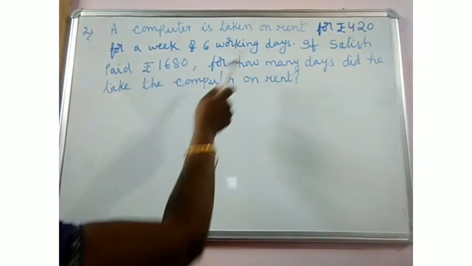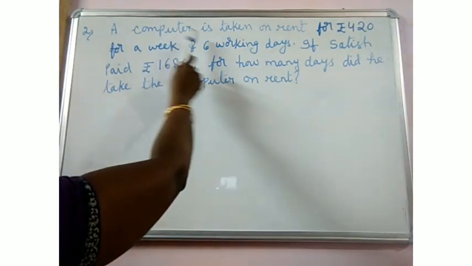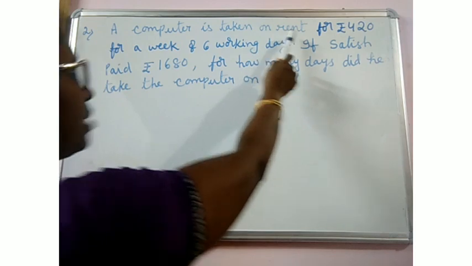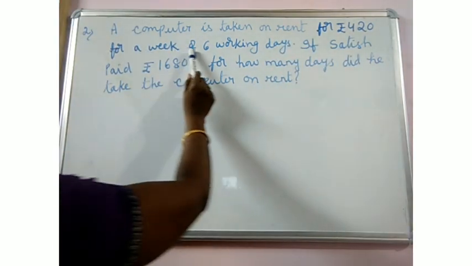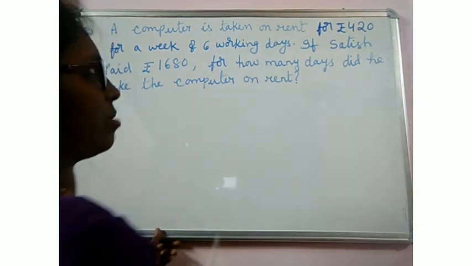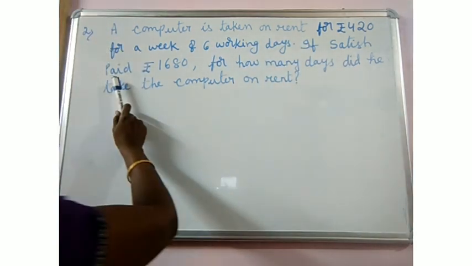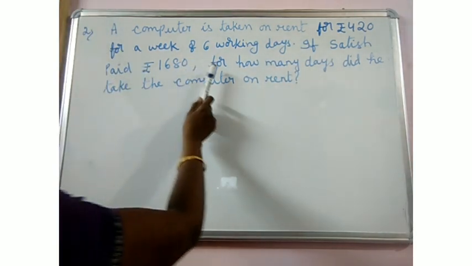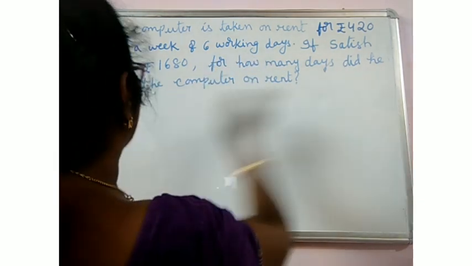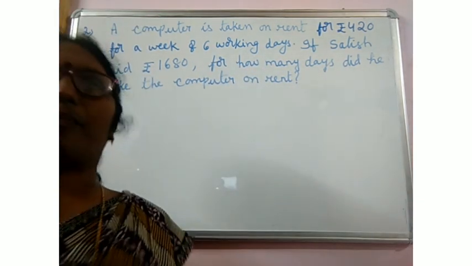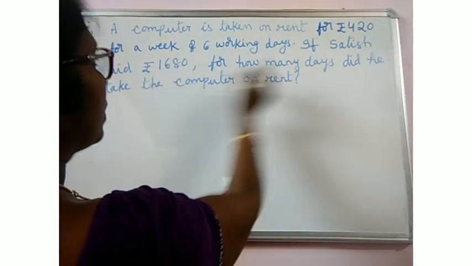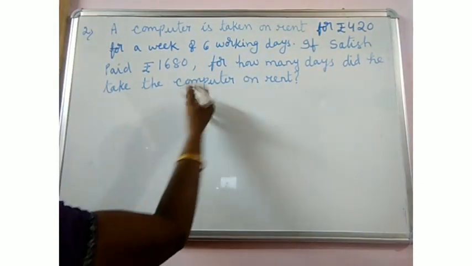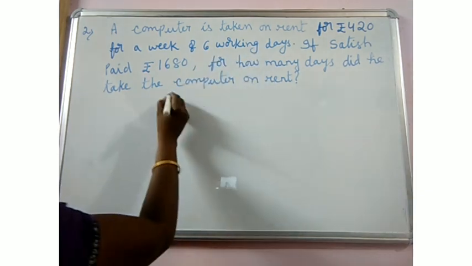Your second question is, a computer is taken on rent for 420 rupees for a week of 6 working days. If Satish paid 1680 rupees, for how many days did he take the computer on rent? That means days we have to find out. It is good if you keep the days this side, anyway no problem.